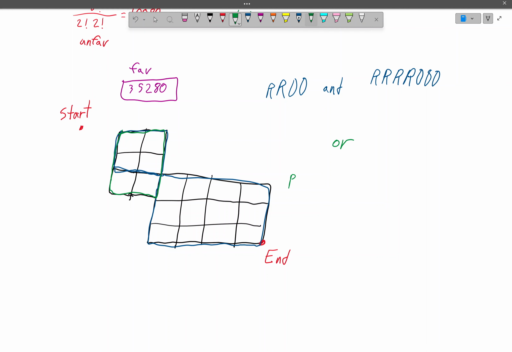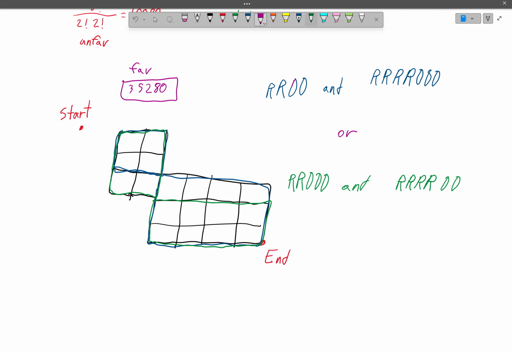It could be right, right, down, down, down, and right, right, right, right, down, down. And so what's really important is the words and or here. So this is an or between the two, but the blue part has an and there.